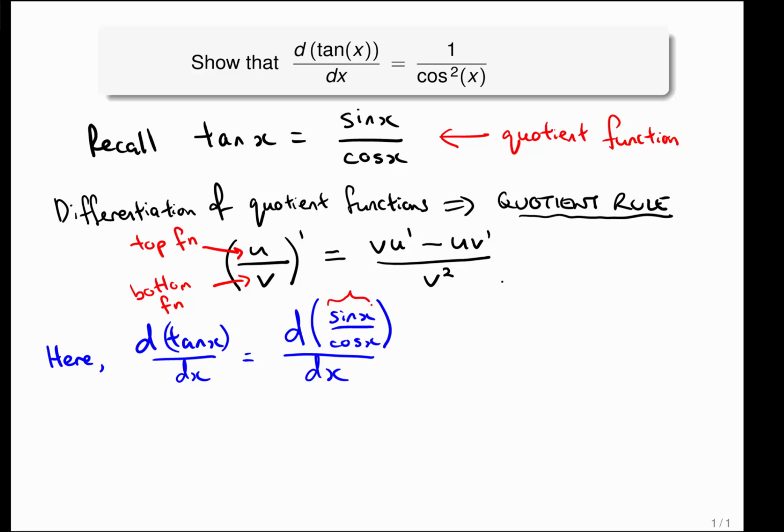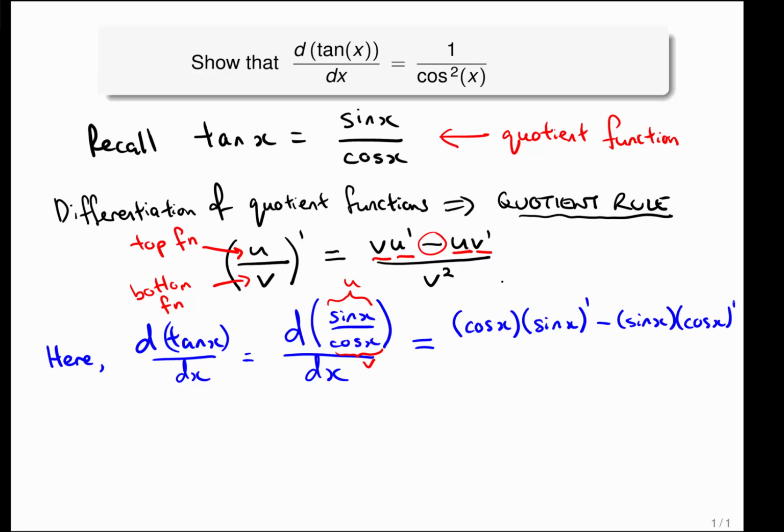Labeling the top function sine to be u, and the bottom function cosine to be v, the quotient rule says that the derivative is, first and foremost, the bottom function v, which is cosine x, times the derivative of the top function u, that is, the derivative of sine x, minus the top function u, that's just sine x, times the derivative of the bottom function v, that is, the derivative of cos.